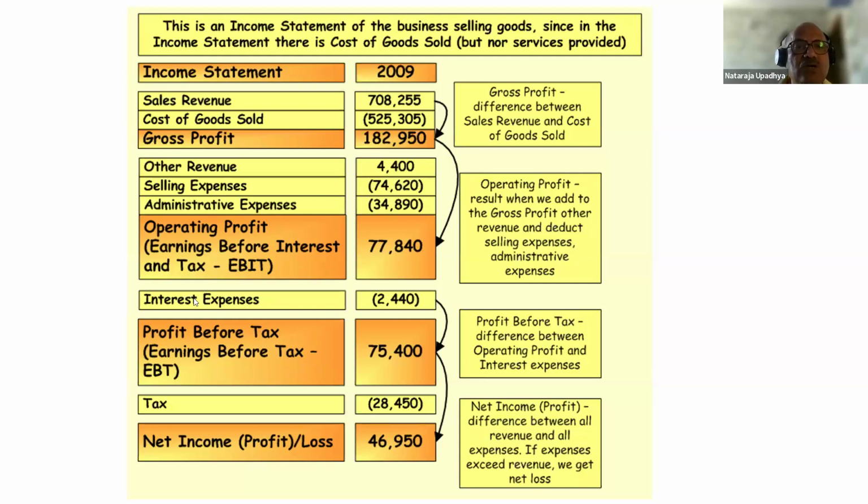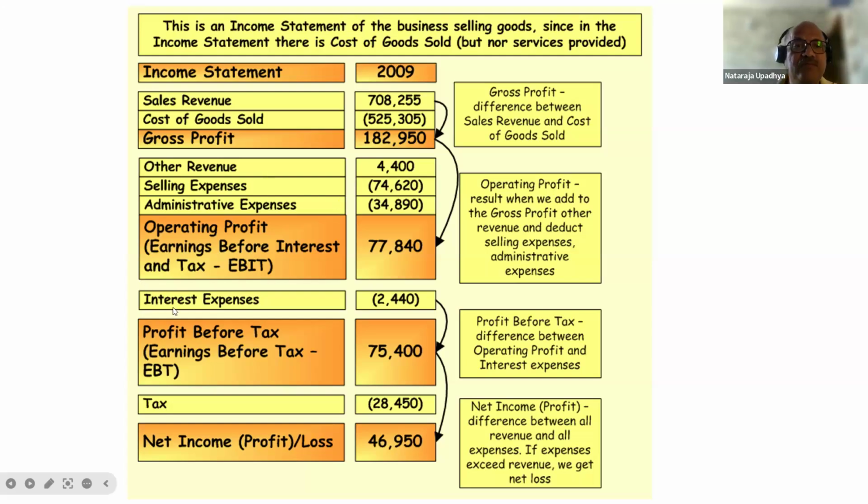Then you have to pay interest expenses, so then it is called profit before tax, or earnings before tax. Then you have to pay the tax. Then you get the net income. So this much detail is there between the revenue and the income.